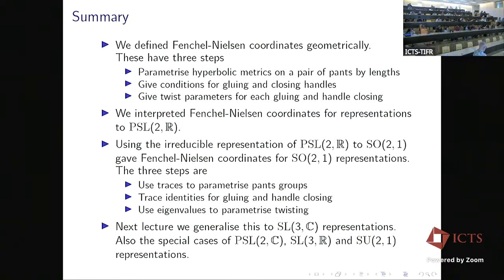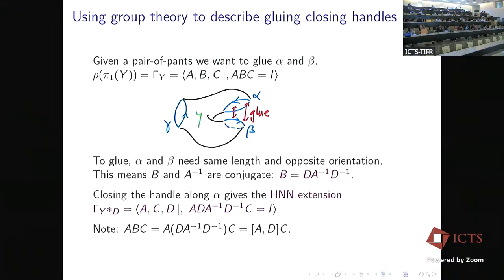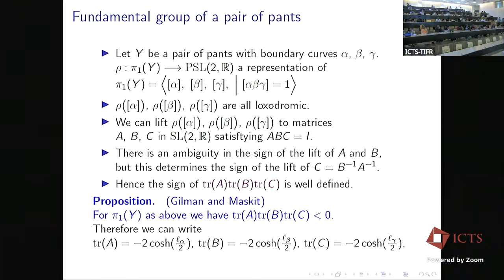Okay, so the question is, if I come back, I'm sorry, this is going to give you seasickness. I hate it when people do this. Right, so this Gilman-Maskit, we have trace A, trace B, trace C is negative. So the opposite choice, assuming that none of the traces is 0, would be trace A, trace B, trace C is positive, and so there is one other group there.